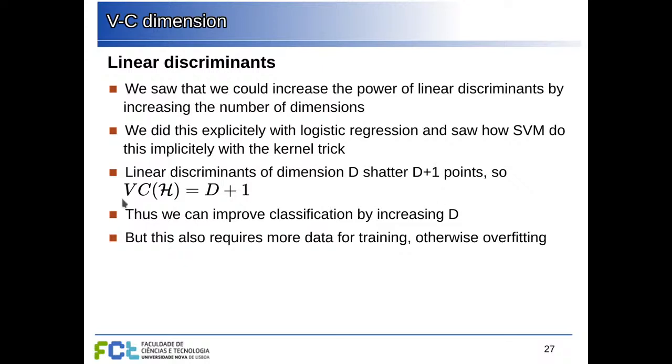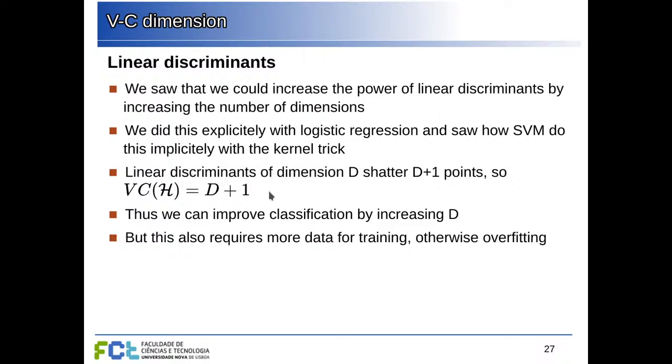So basically, the VC dimension of a linear discriminant is the dimension in which we are operating plus 1. So this is why we could improve the ability to classify our training set, for example with logistic regression, when we expanded our data to higher dimensions.